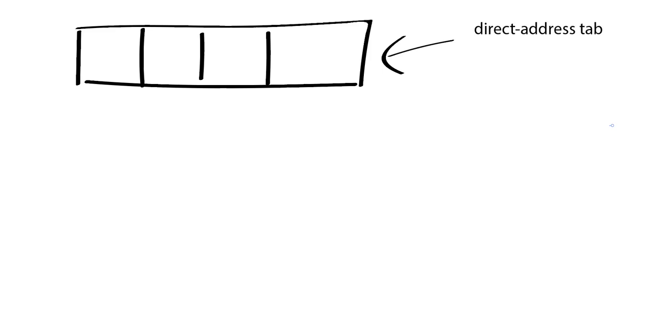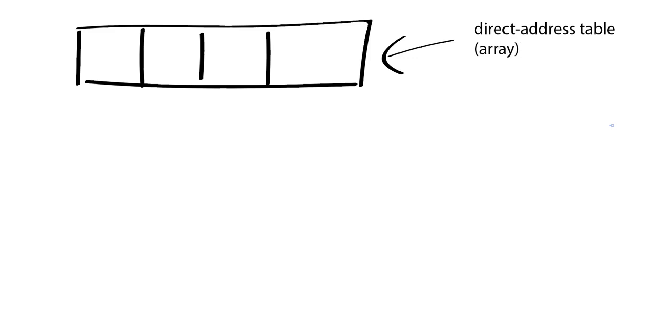So now we want to talk about implementing a dictionary, and in particular, we will talk about implementing it using this array called a direct address table, right? So this thing right here is called a direct address table, or rather an array.